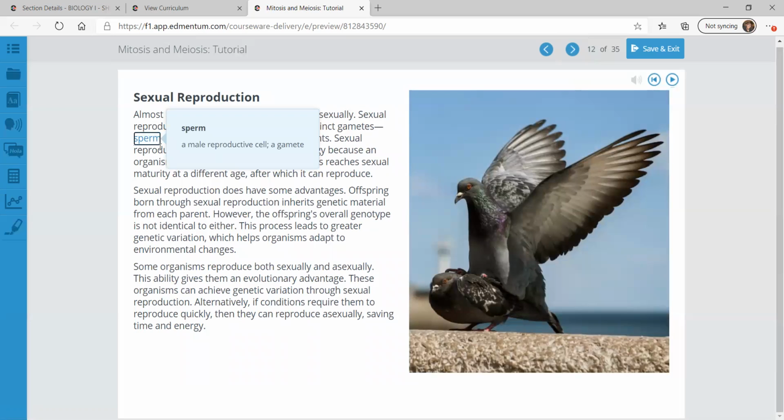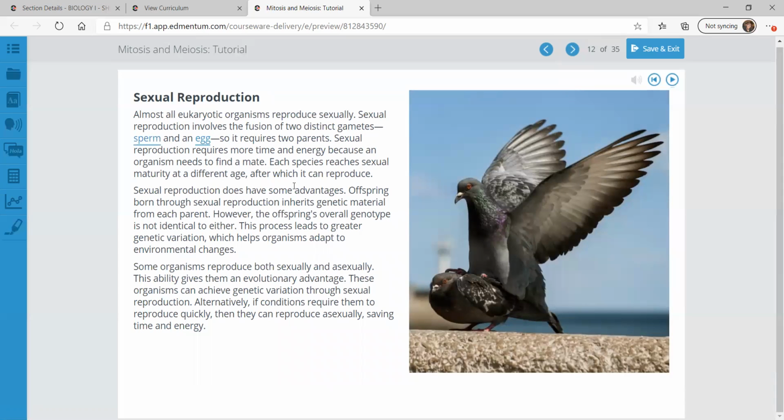Sperm is the male reproductive cell, while an egg is known as a female reproductive cell. Sexual reproduction requires more time and energy because an organism needs to find a mate. Each species reaches sexual maturity at a different age, after which it can reproduce.